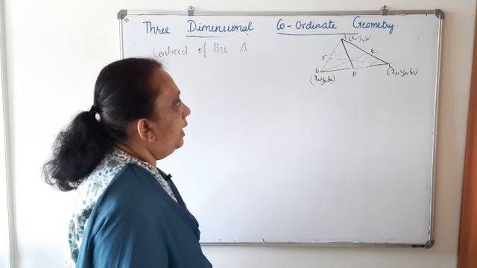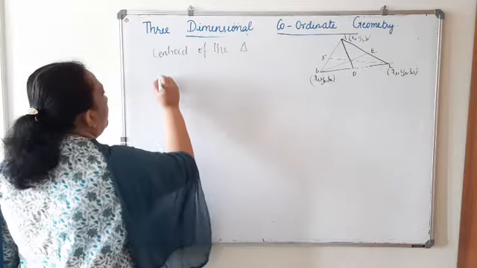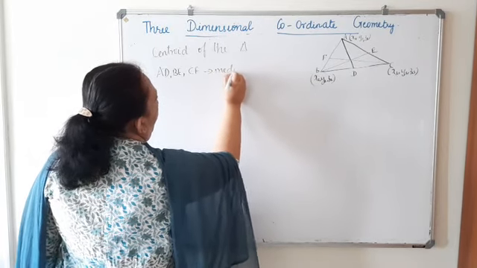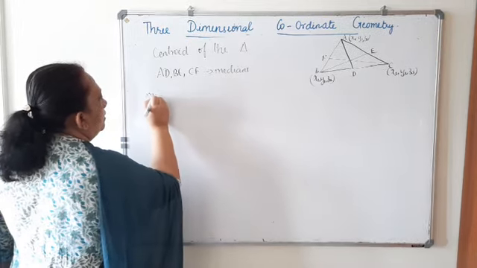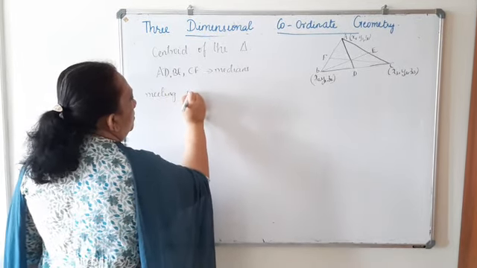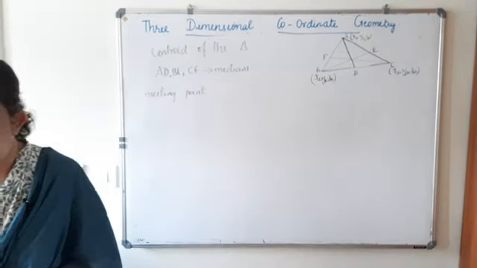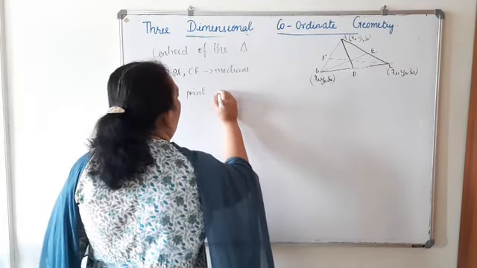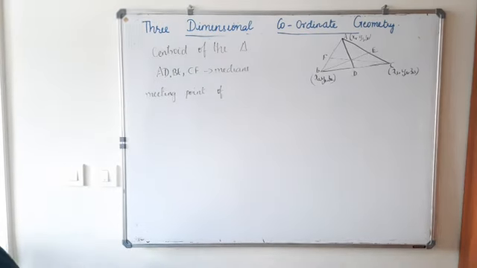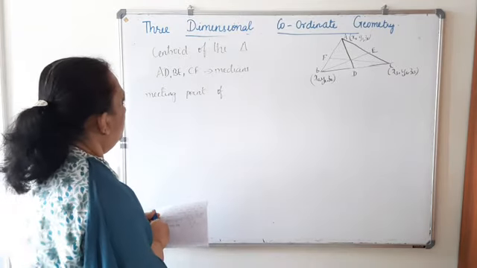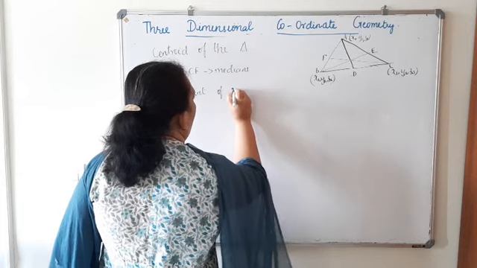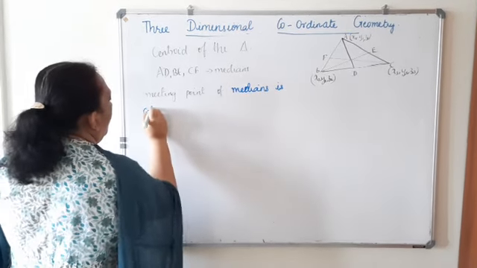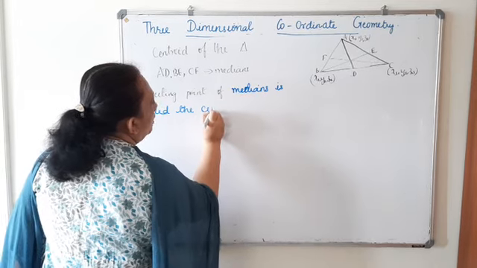So there are three medians, AD, BE and CF. The meeting point of the medians is called the centroid of the triangle.